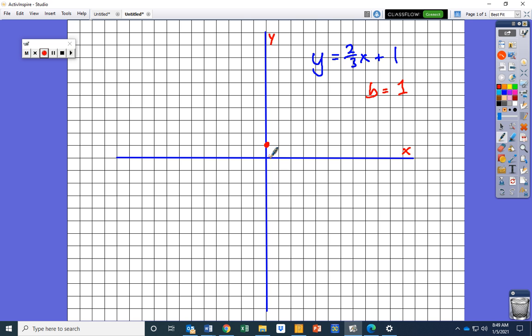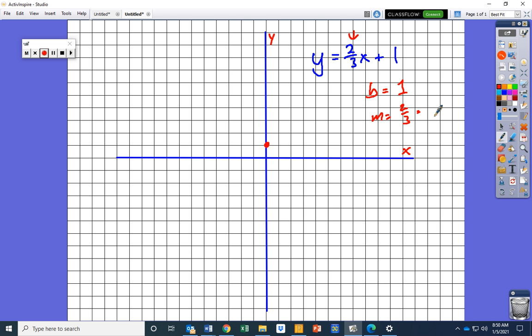From there I have to graph my slope. Well, what is the number that's in front of this x? 2/3. Both numbers in that slope are positive. That means if it's positive on a graph, I'm going up and I'm going to the right.